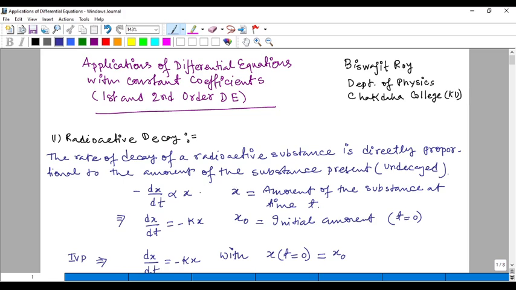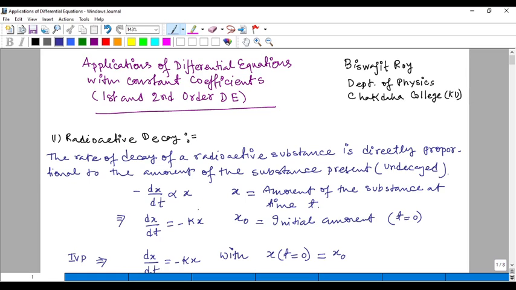So if minus dx is the amount of the decayed substance, which is decayed in time dt, then we can say that minus dx/dt is directly proportional to x, where x is the amount of the substance present at time t, and x0 is the initial amount of the substance at t equal to 0.